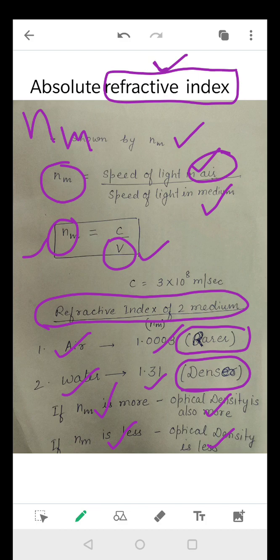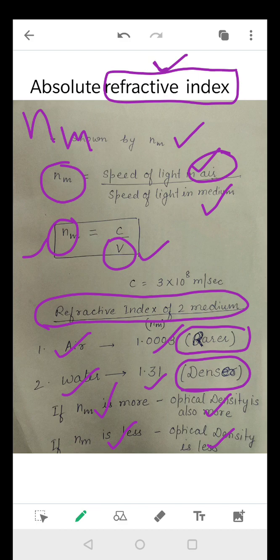But always remember, when optical density is less, then speed of light is more. अब देखिए एयर जो है वहां पर Nm की वैल्यू कम है, लेकिन यहाँ पर स्पीड ऑफ लाइट इज मोर. Okay, the speed of light is more.